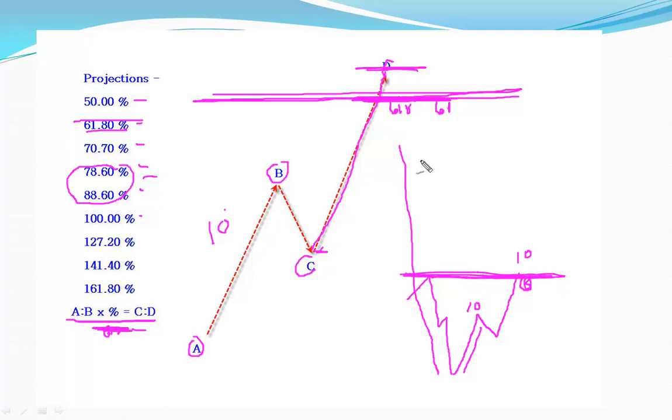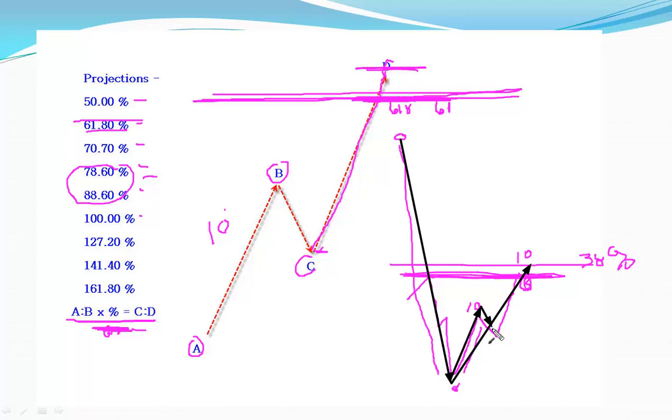Other things you're going to look at would be the high, the low, and then your retracement levels. Let's say this is a 38% retracement level from market high to low. From here to here, let's just say it's a 38% retracement, but this here was 10 points, and up to this point is around 8 points.